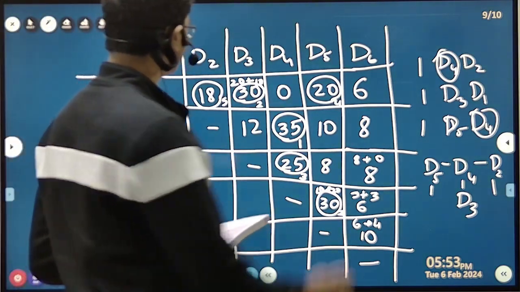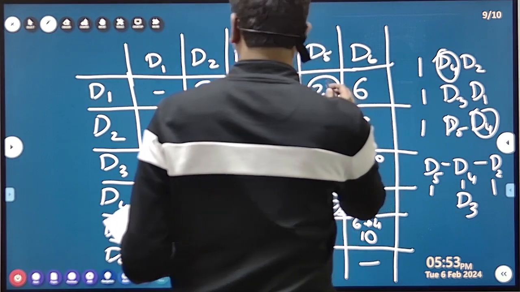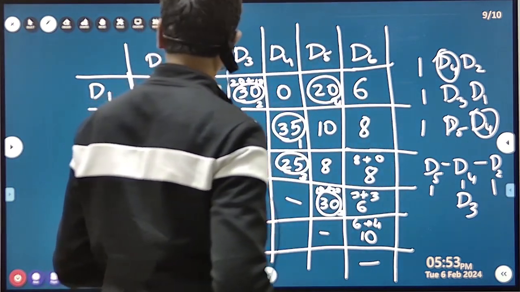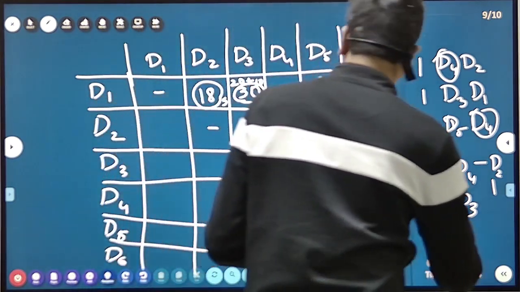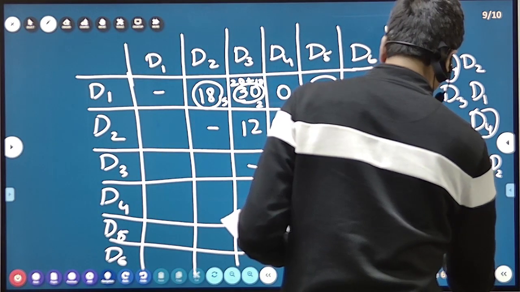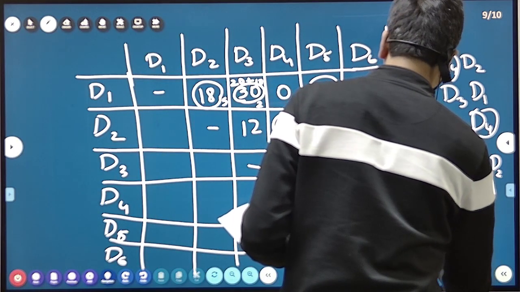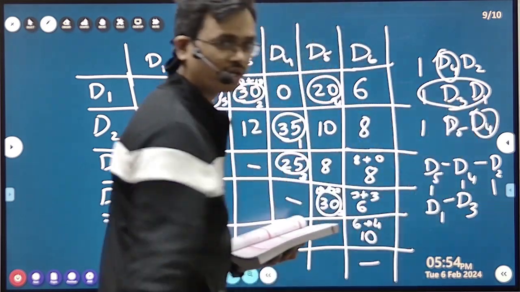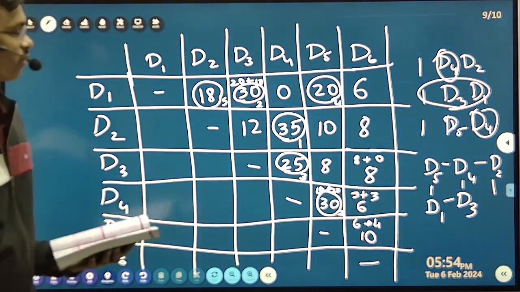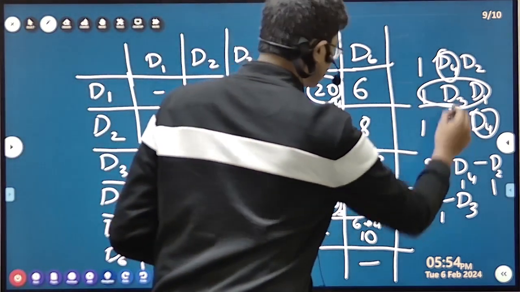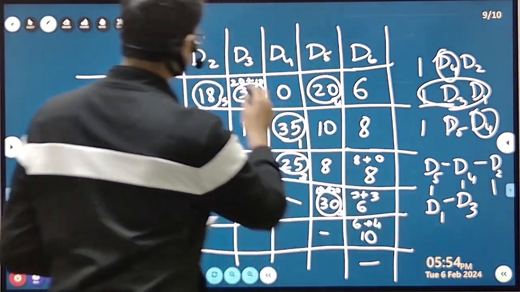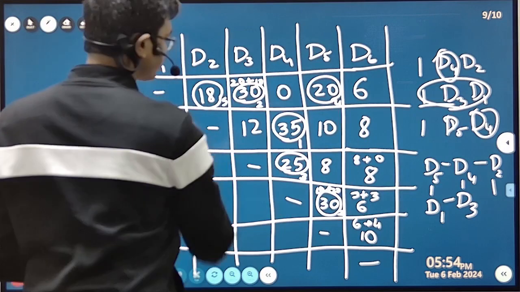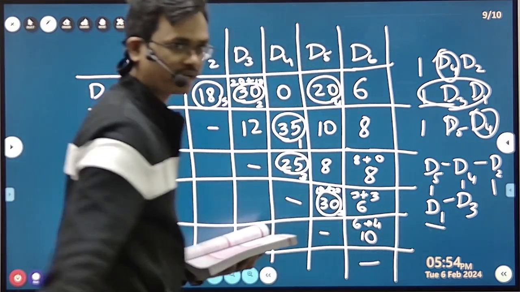So we can see D5 and D1. D5 and D1 we can put here, and that will also solve our D3 and D1. So this setup is solving two problems. This is adjacent, and then the next, D5 and D1, this is also adjacent, right?